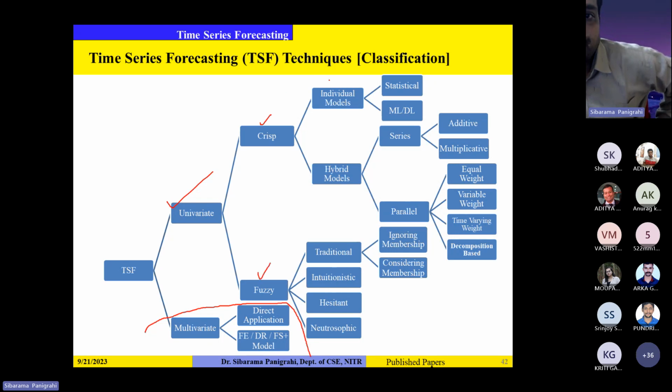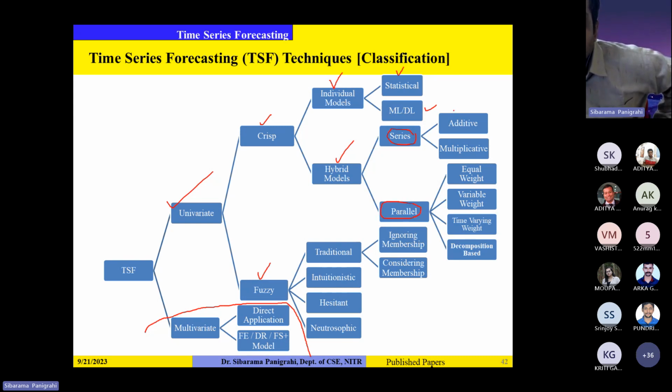In crisp, you can use individual models like statistical, machine learning, or deep learning models. Individual means one model, right? So you can optimize the machine learning or deep learning model, or you can use hybrid models. These hybrid models may be series or parallel.